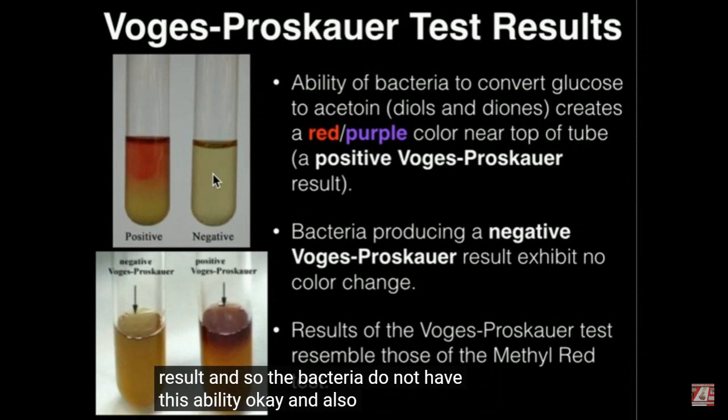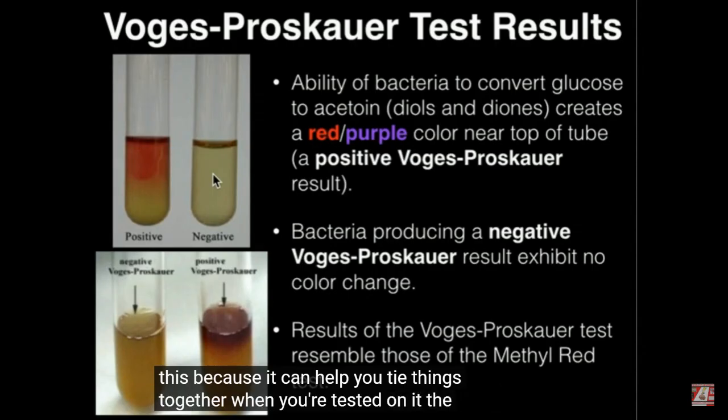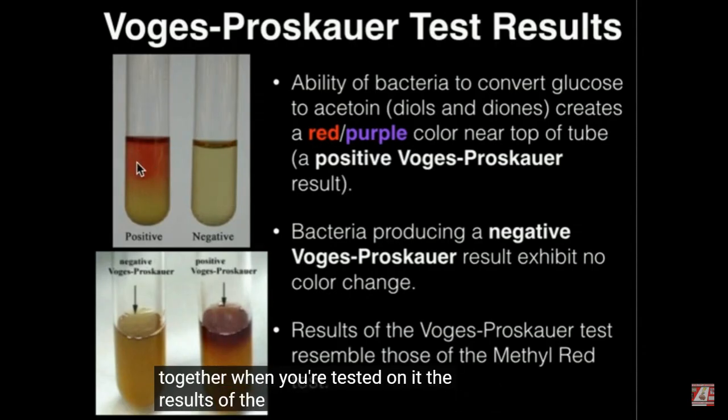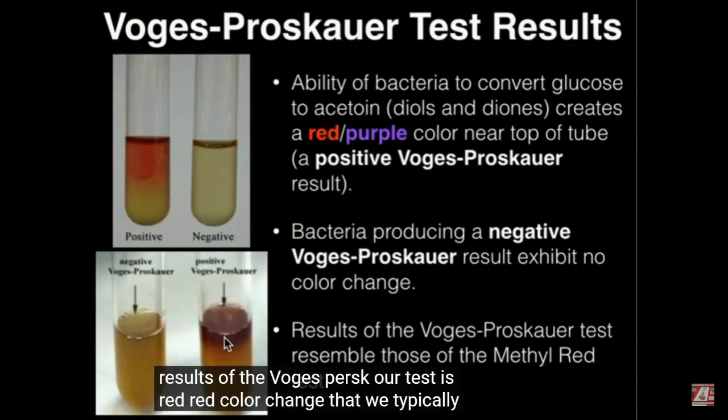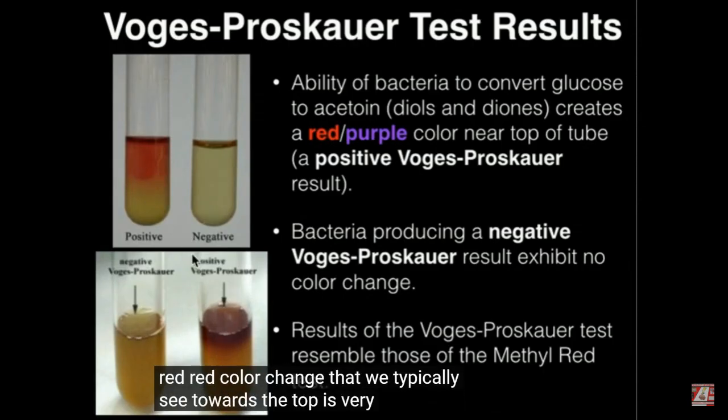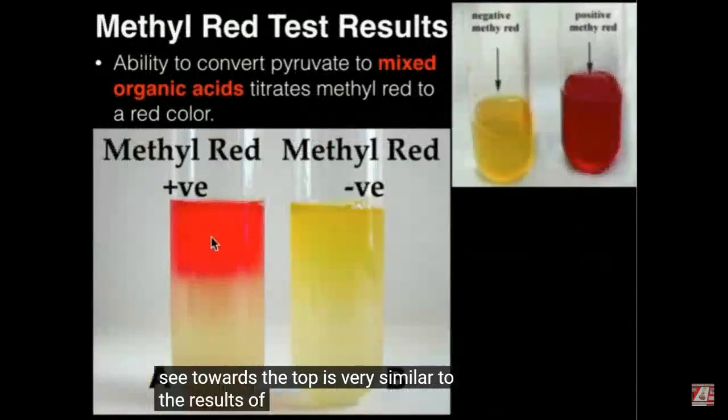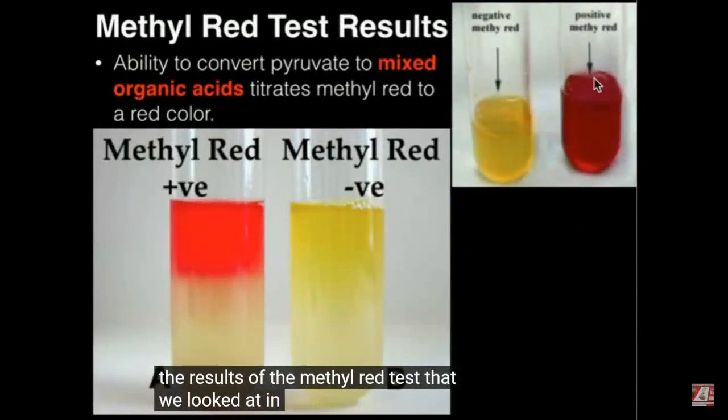Okay? And also understand this because it can help you tie things together when you're tested on it. The results of the Voges-Proskauer test, the red color change that we typically see towards the top, is very similar to the results of the methyl red test that we looked at in another video.